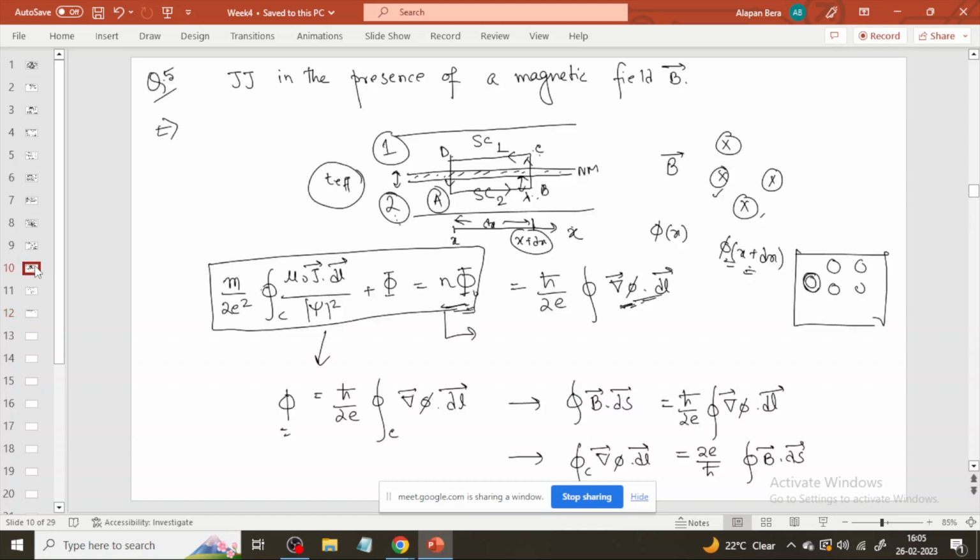Now again, from this equation we have derived this. So from here we will put the value of this thing and this thing.